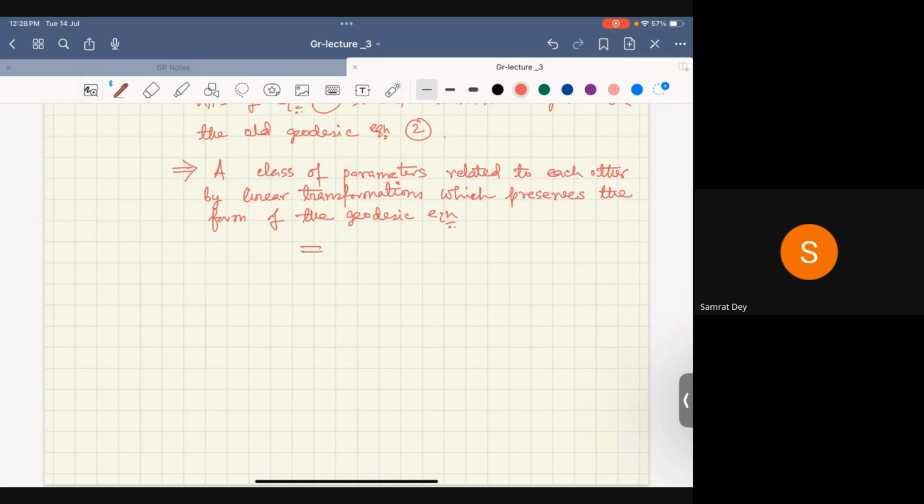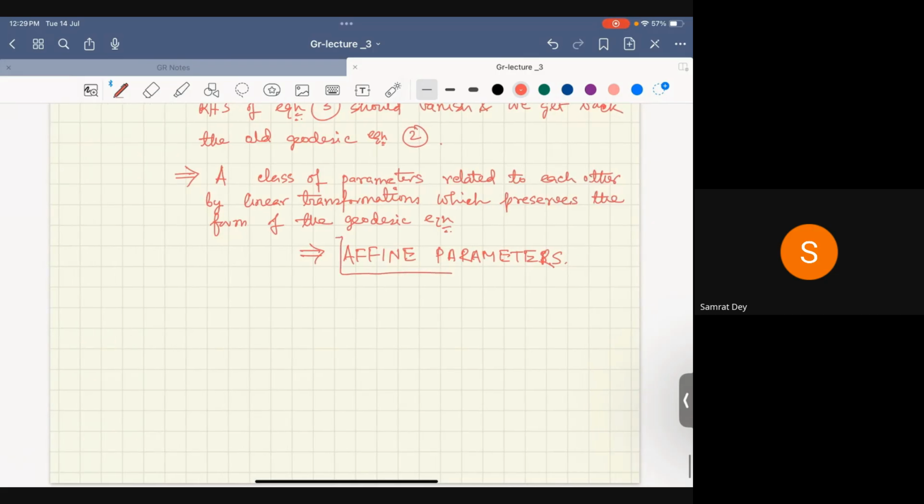And these are known as affine parameters. That means they are related to each other by linear relations, and all these parameters will give you the same right hand side of the equation. That means zero. Geodesic equation, that means zero.